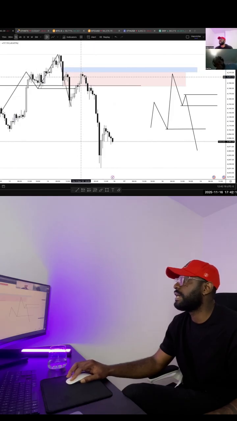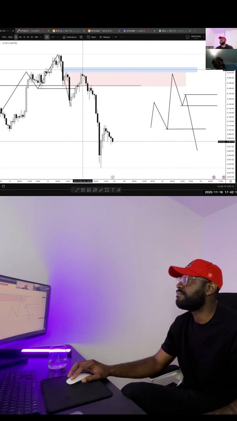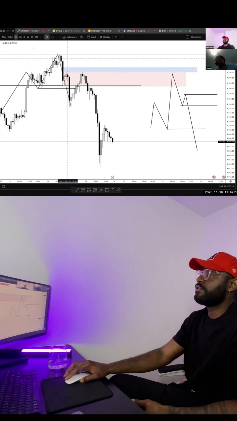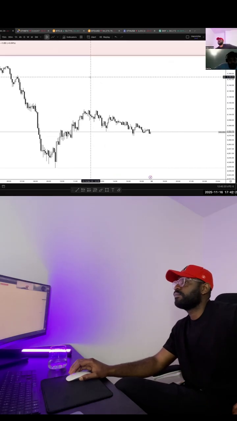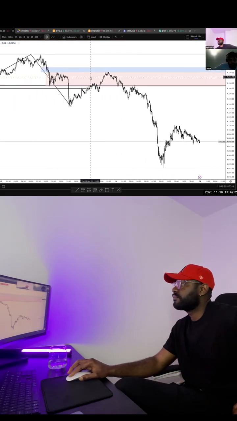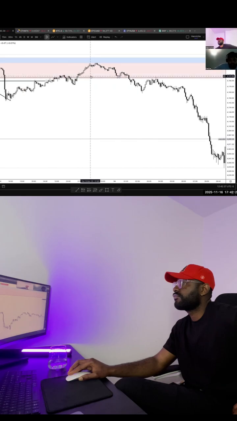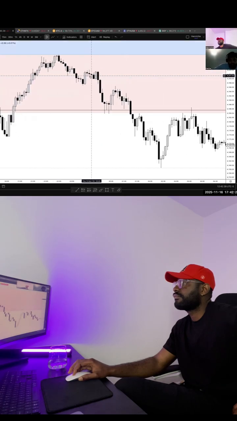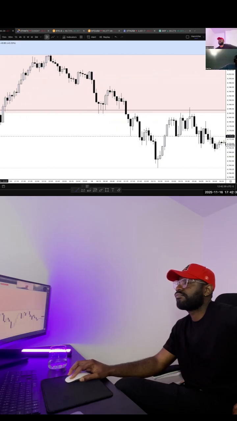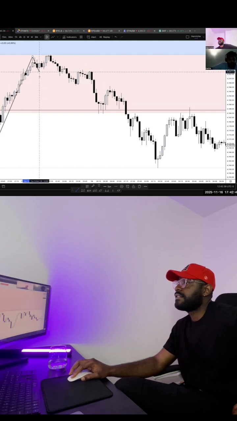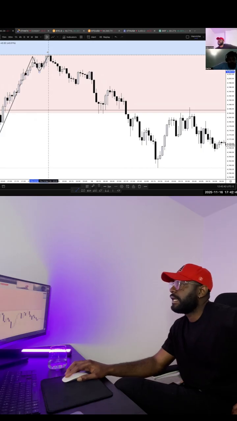So all you do right here is to wait for a 5 minutes break of structure for you to sell. So if we go straight down to the 5 minutes time frame, this is the high, this is the low, and this is a high.